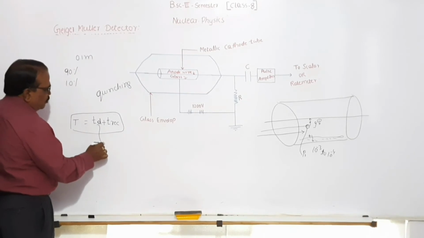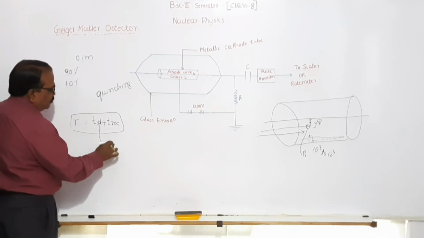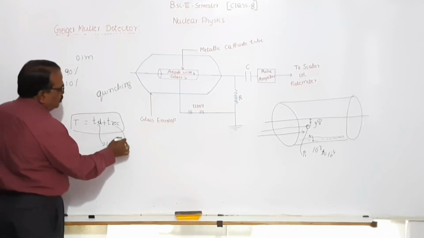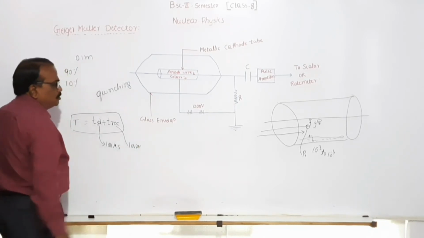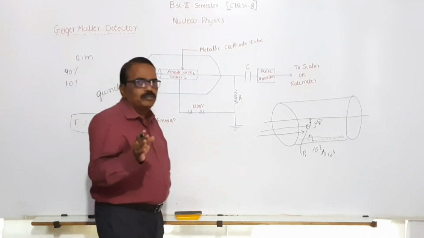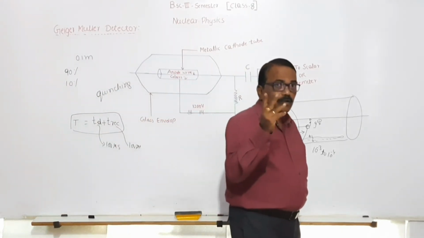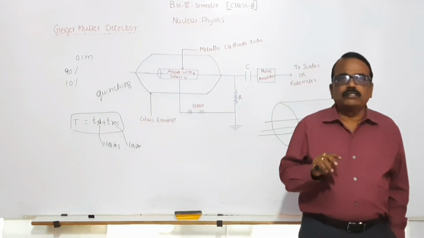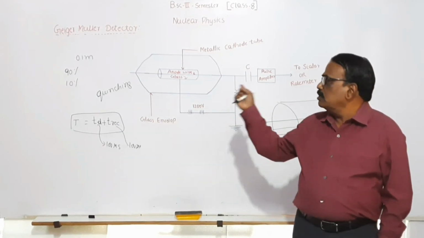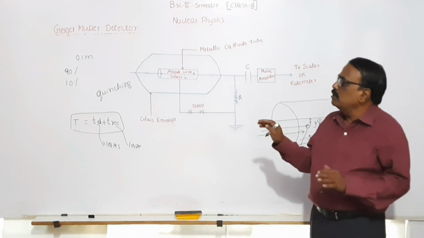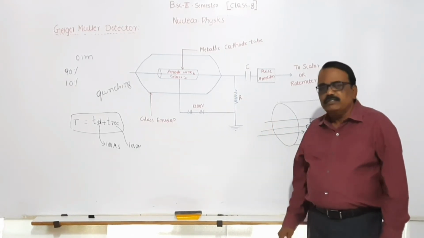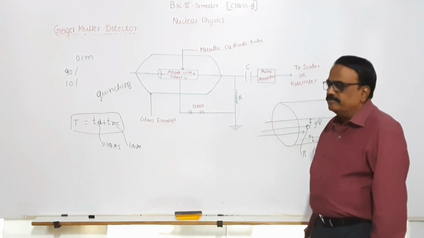So this is about 100 microseconds, and this is also about 100 microseconds. That means a fresh event in the GM tube starts after 200 microseconds, and the next particle is allowed to enter. So this is regarding the construction and working of this GM detector.